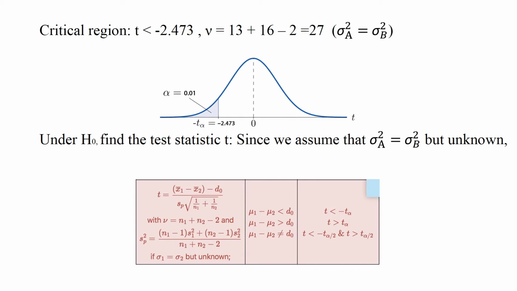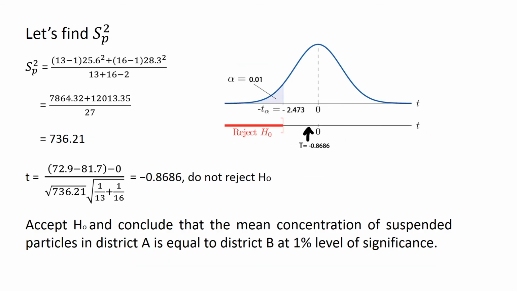Step 5, find the test statistic. Since we assume that variance A equal to variance B but unknown, so we could use the following formulas. Then let's find Sp squared, which is 736.21. Then we got test statistic, which is -0.8686, and out of reject region.